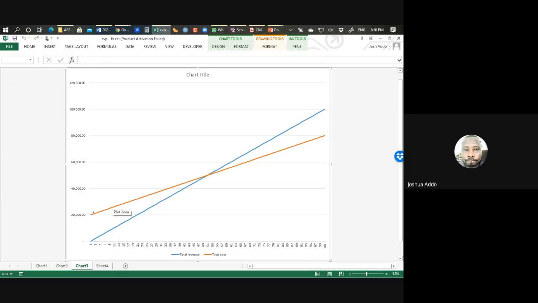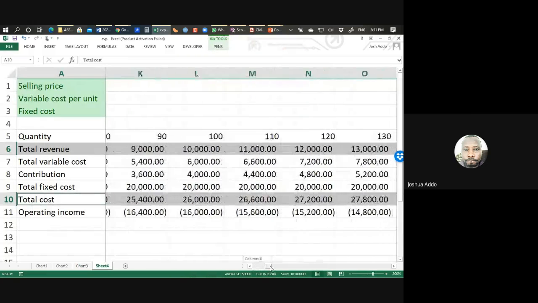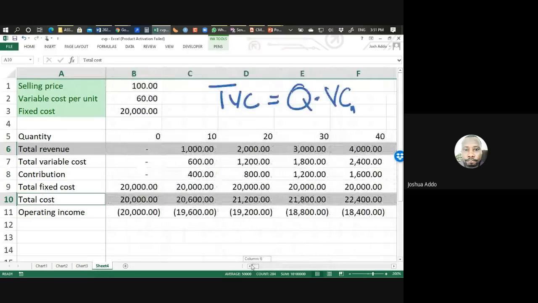So the whole of this place where the orange line is always lying above the blue line, they are all loss-making region. So loss region. And this continues up to a point, at this point. And this point corresponds to what the figure, the calculations showed us.